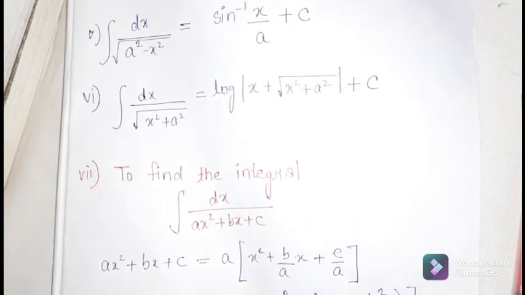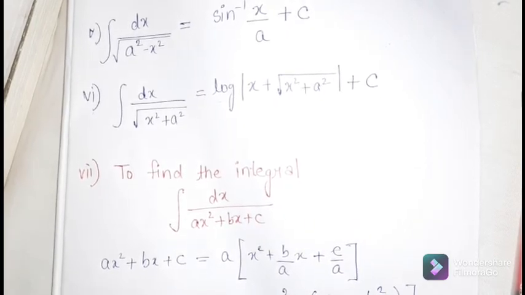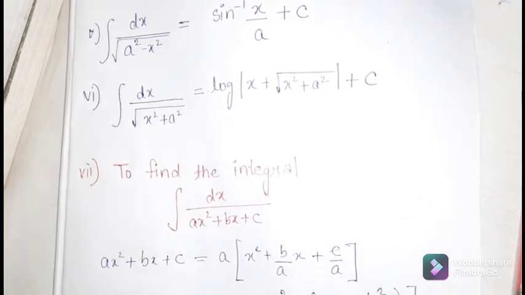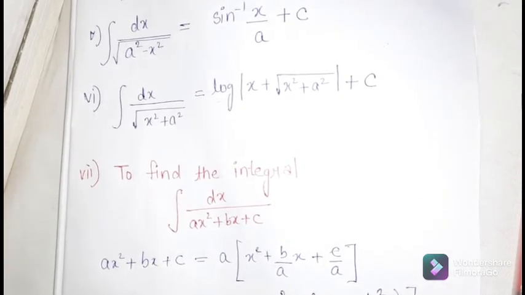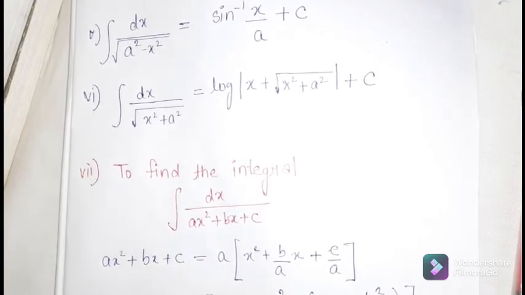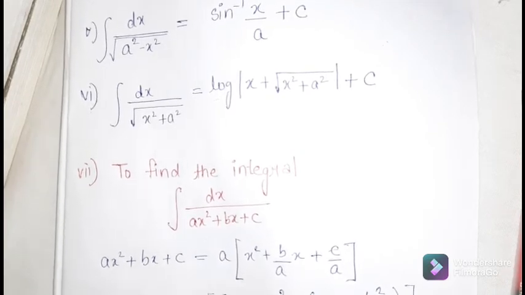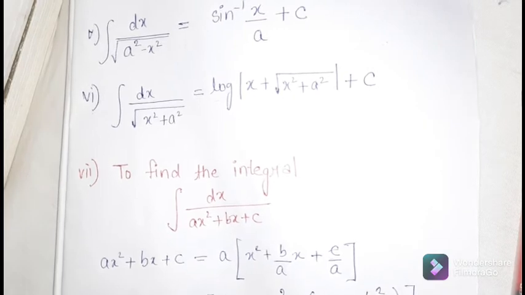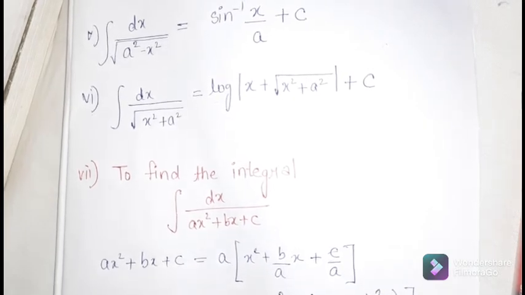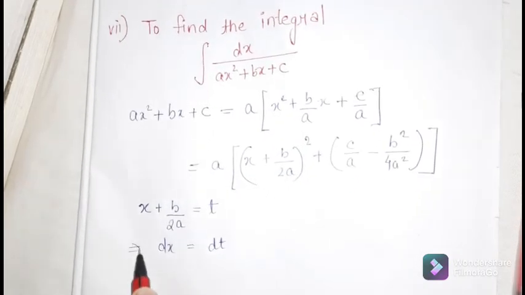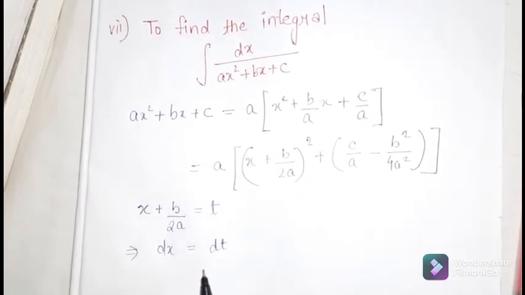Okay, now we put x plus b by 2a equals to t. It gives dx equals to dt.